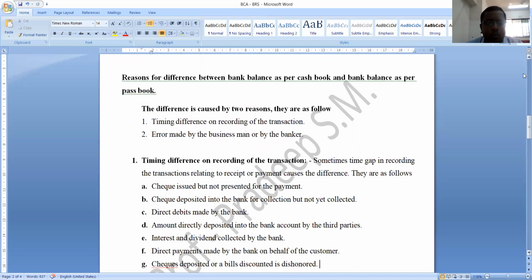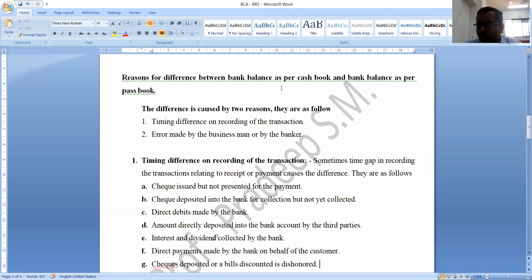Now let us discuss what are the reasons that cause the difference between cash book balance and passbook balance. Reasons for difference between bank balance as per cash book and bank balance as per passbook. What are the situations that cause the difference? Here there are mainly two reasons. First reason is timing difference of recording of transactions, meaning business and banker will not record the same transaction at a time.